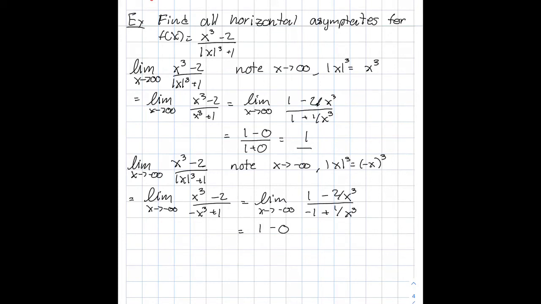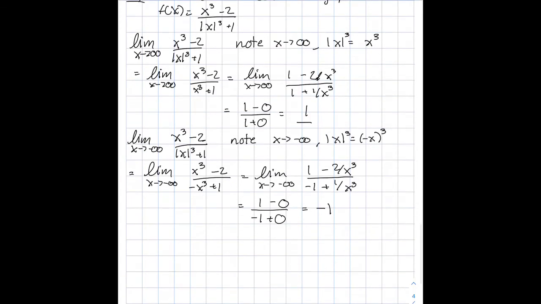And so we'll get 1 minus 0 divided by negative 1 plus 0, which gives me a negative 1. So we can say that f of x equal to x cubed minus 2 over the absolute value of x cubed plus 1 has two horizontal asymptotes at y equals 1 and y equals negative 1.